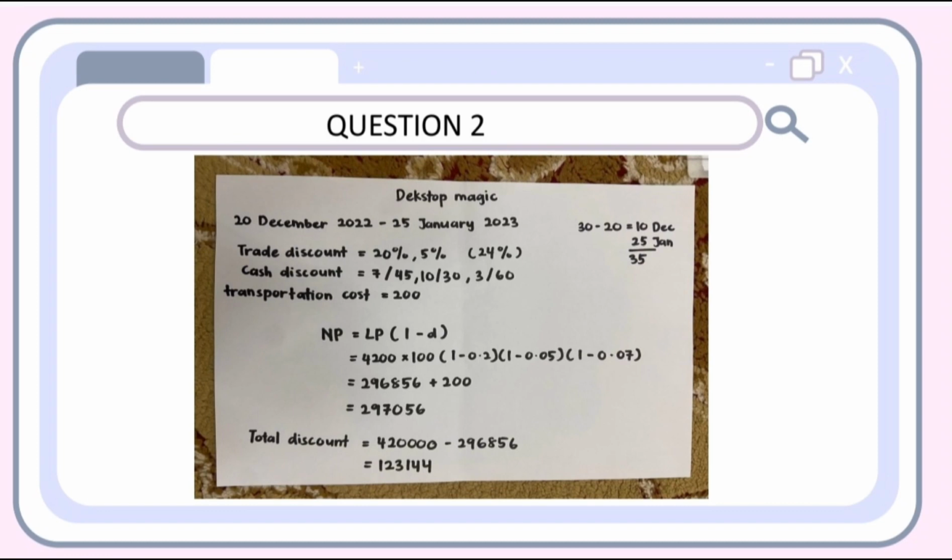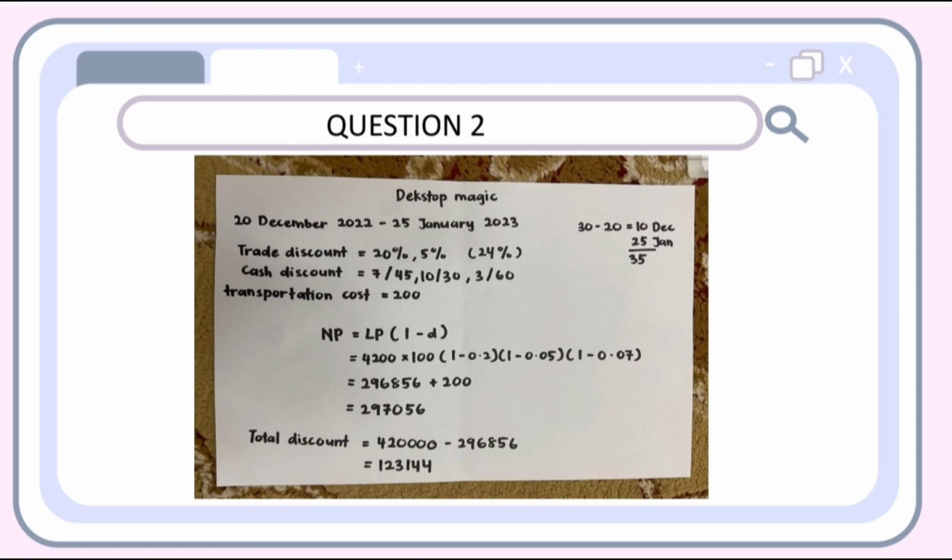The solution for question 2. For Desktop Magic, the date of invoice is 20 December 2022 and their original price is 4,200 ringgit and they give 20% and 5% for trade discount. The transportation cost for Desktop Magic is 200 ringgit. So, we substitute into the formula net price equals list price times 1 minus D: 4,200 multiplied by 100 times 1 minus 0.2 times 1 minus 0.05 times 1 minus 0.07 equals 296,856 ringgit plus 200.